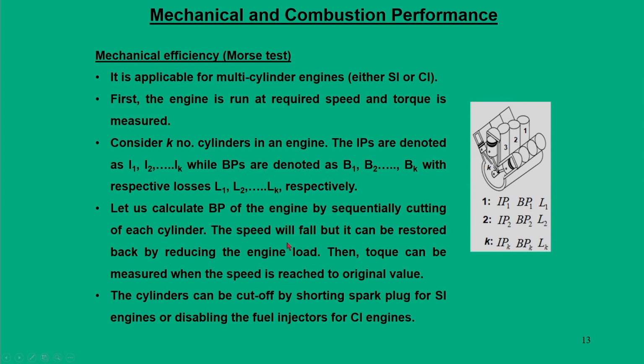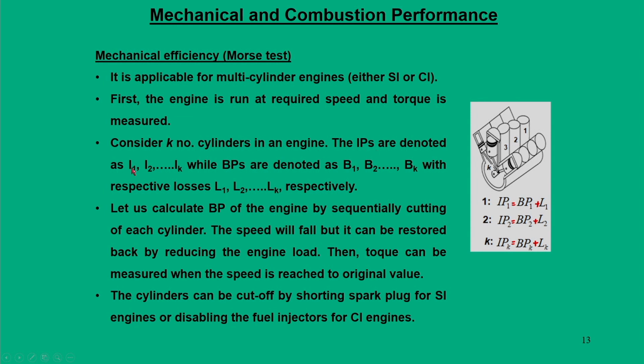We can write IP1 is equal to BP1 plus L1, IP2 is equal to BP2 plus L2, and IPk is BPk plus Lk. This is how we can note it down for each cylinder. So, how are we going to estimate? First, let us consider there are k cylinders in an engine.